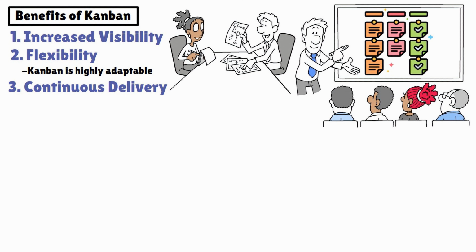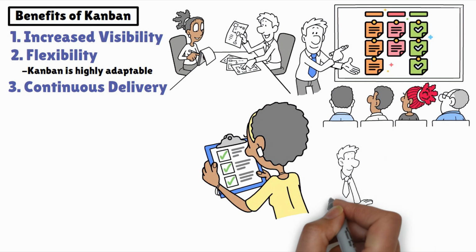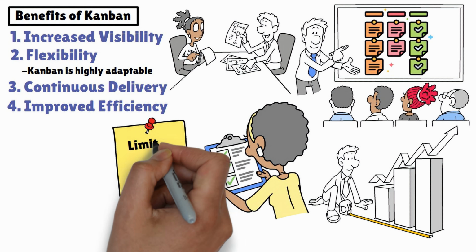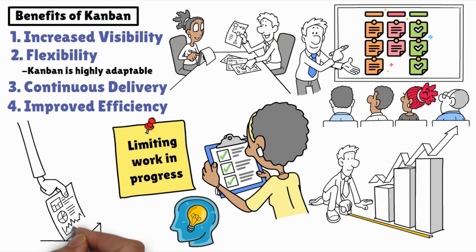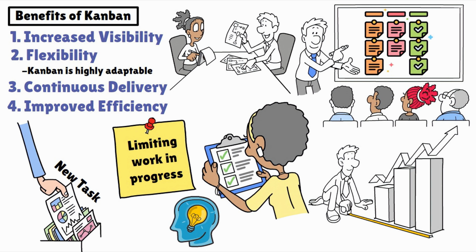Continuous delivery. Kanban promotes a steady, continuous flow of tasks, allowing teams to deliver value incrementally. 4. Improved efficiency. Limiting work in progress reduces context switching, improves focus, and helps ensure tasks are completed before new ones are started. These benefits make Kanban an excellent choice for teams looking to improve workflow and adapt to changing priorities.